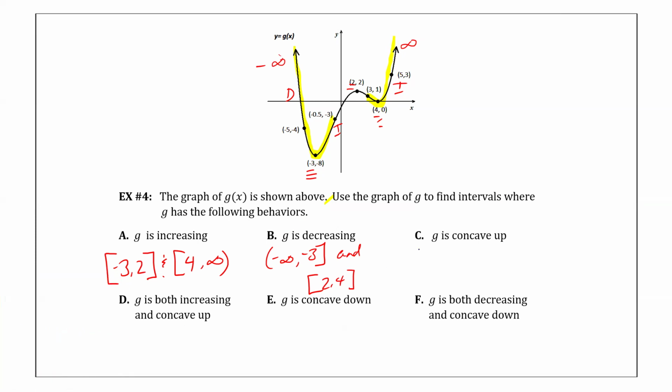So my points of concavity: concave up from negative infinity to, I put my 0 in the wrong spot, to 0.5. Now, concavity is always going to be parentheses for all.